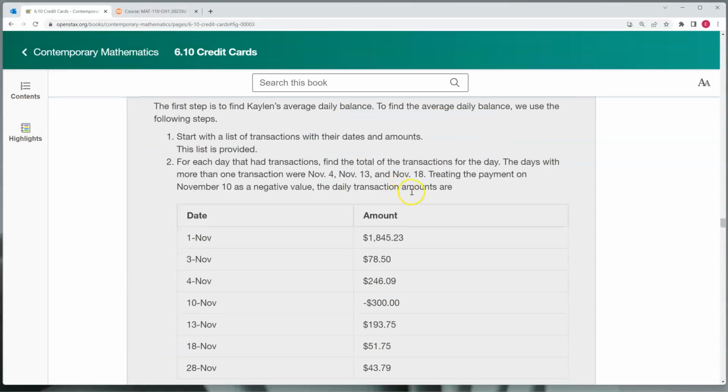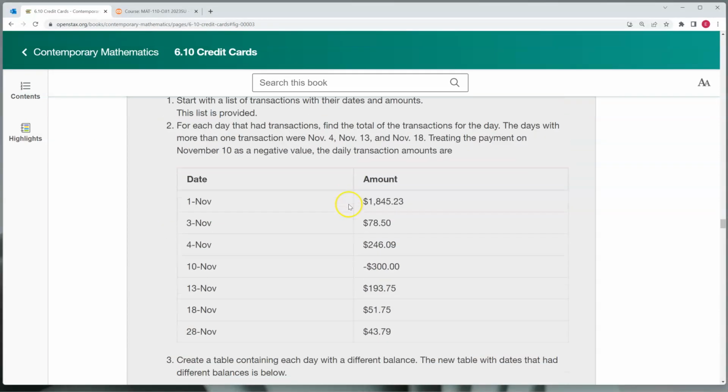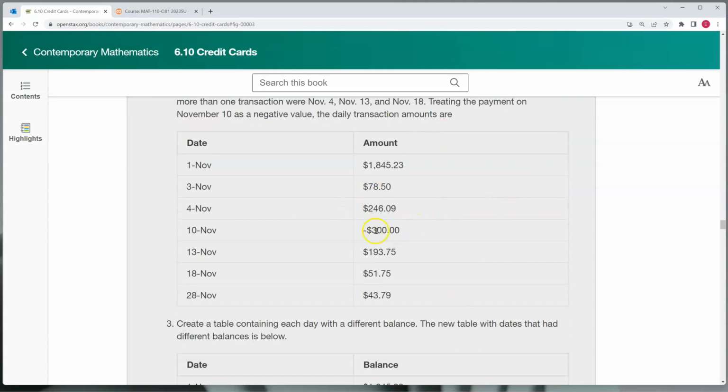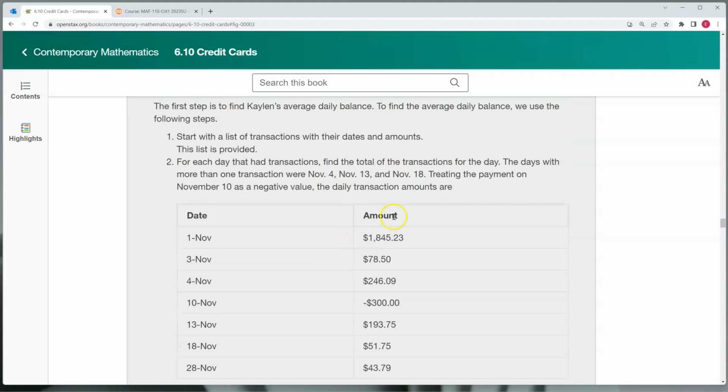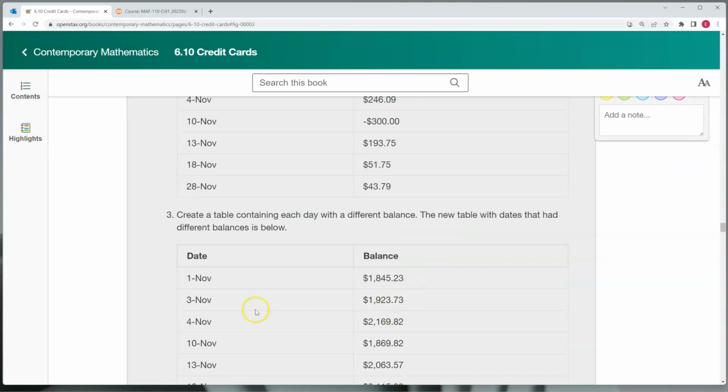So let's look at how this works. We've got these transactions. Again, the 10th is a payment, so it's going to be minus $300 on that day. So if we go through and we're adding, on the 1st we had that carryover balance, and we're going to add $78. So on the 3rd, our balance is going to jump.